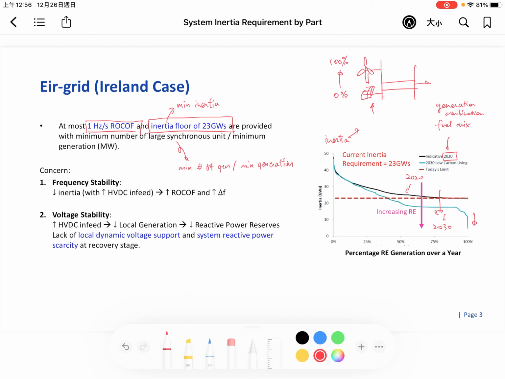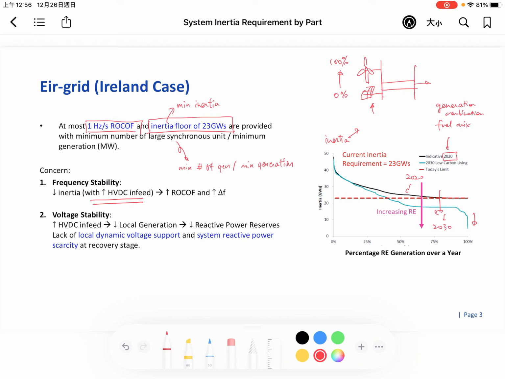So what's the concern? The first one is frequency stability. We've got reduced inertia with, of course, HVDC infeed. We may not have so much RE, but we have got much HVDC power infeed into our grid, which means that the thermal generators, although not decommissioned, will still be shut down because we don't need them.